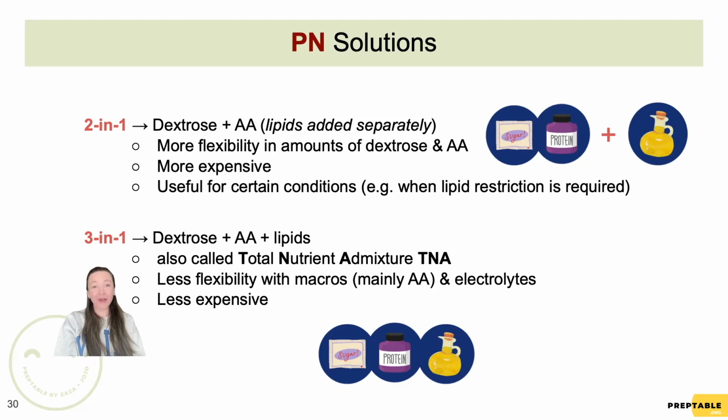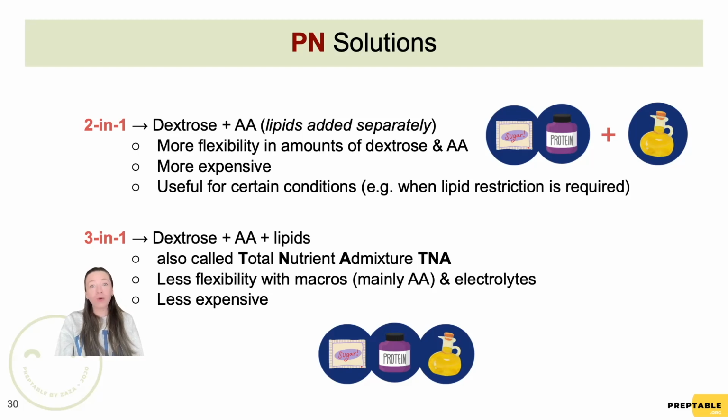This version is also known as total nutrient admixture, or TNA, because this formulation combines dextrose, amino acids, and lipids into a single solution. Unlike 2-in-1, this formulation offers less flexibility in adjusting macronutrient ratios. The proportions of these components are predetermined and less customizable.